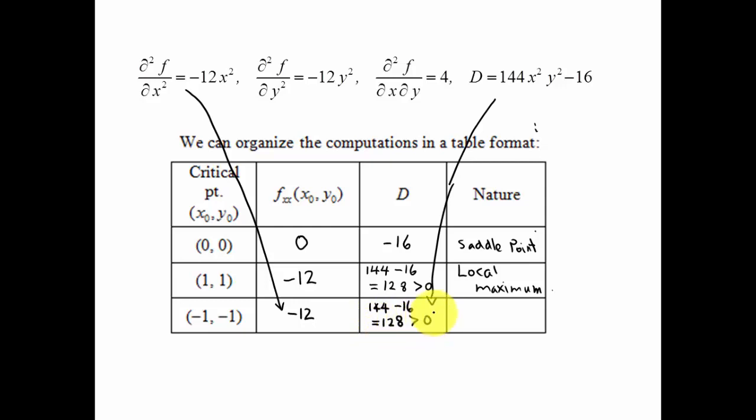Therefore, the nature of the critical point at -1, -1 is the same as the nature of critical point 1, 1. This is a local maximal. Therefore, this function has one saddle point and two local maximal points.